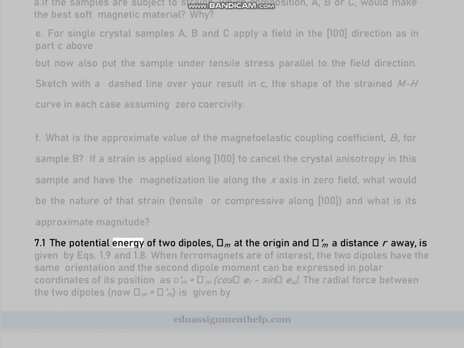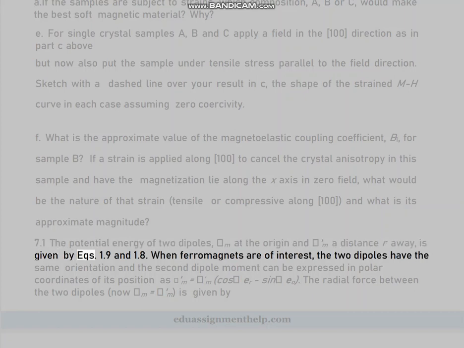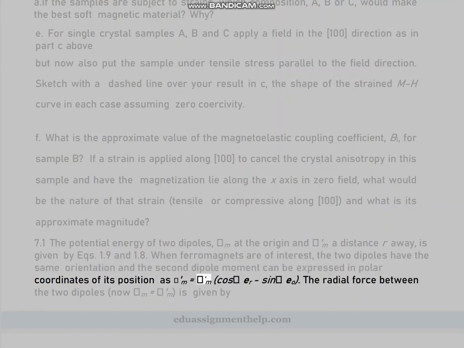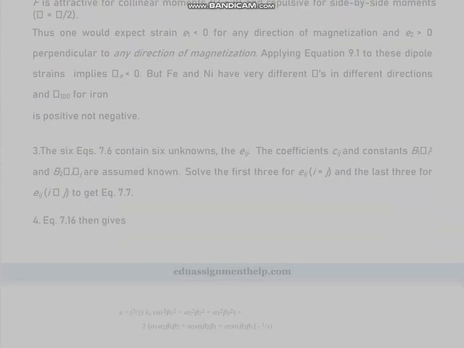7.1 The potential energy of two dipoles, m at the origin and m a distance r away, is given by EQ 1.9 and 1.8. When ferromagnets are of interest, the two dipoles have the same orientation and the second dipole moment can be expressed in polar coordinates of its position. The radial force between the two dipoles is attractive for collinear moments, θ equals 0, and repulsive for side-by-side moments, θ equals π/2.